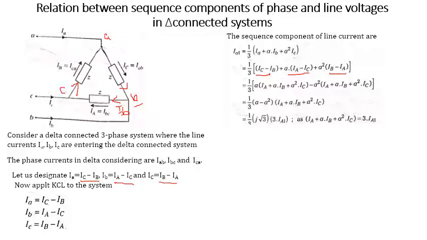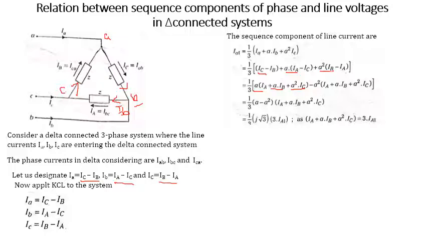Do a simplification. A is a common term, so A into IA, and we consider the B part, plus A square into IB. Already there is A, so if you multiply it by A, this becomes A square. Here it is 1 into IC; if I multiply it by A square, that is A cube, and A cube is nothing but 1.